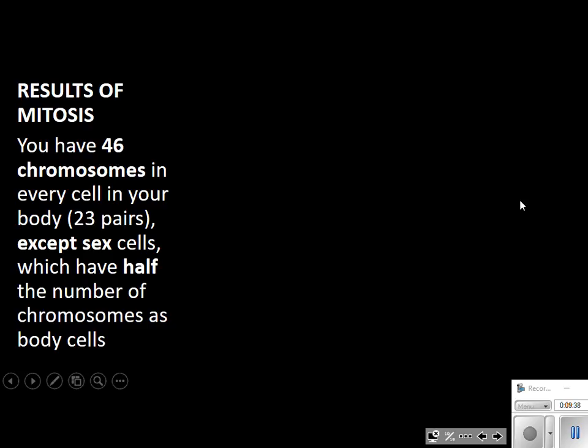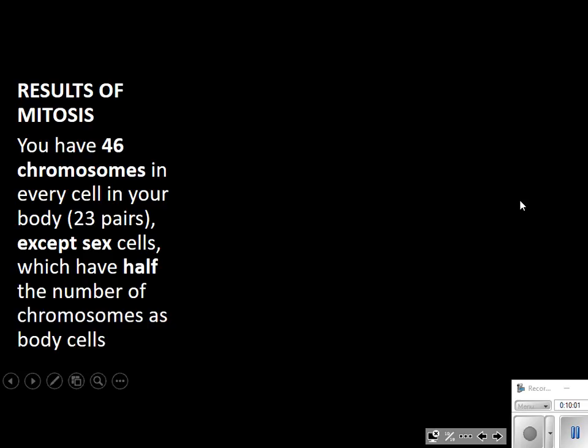Now, you're going to see later on that sex cells only have half the number of chromosomes as a body cell has. So we'll learn that later on. You know, our body cells have 46 chromosomes.